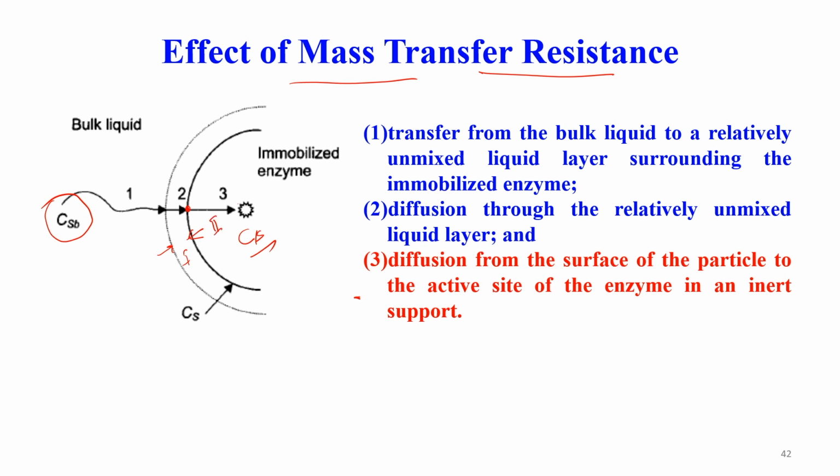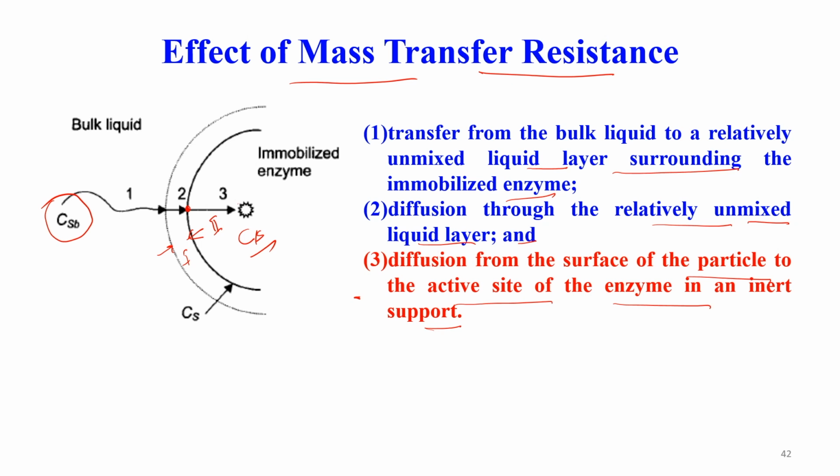The first is transfer from the bulk liquid to the liquid layer surrounding the immobilized enzyme. Second, diffusion through the relatively unmixed liquid layer or film. Third is diffusion from the surface of the particle to the active site of the enzyme in an inert support.